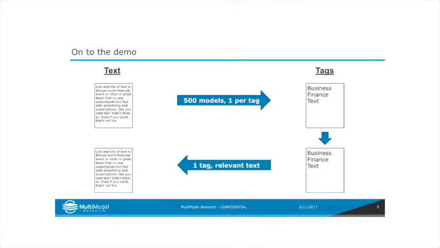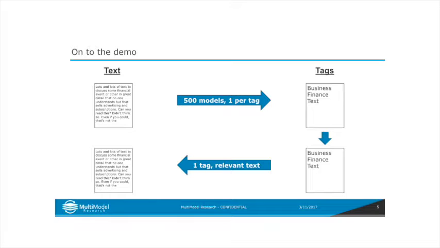Now, the first part of the demo is we take some text and we tag the text. And in this case, it's a financial services, financial news demo. So we take a financial news story and we run 500 models on it, one for each of the tags, and we see which tags raise their hand.